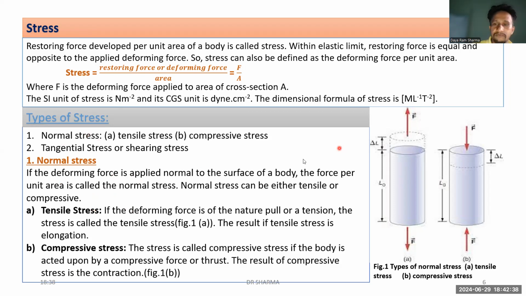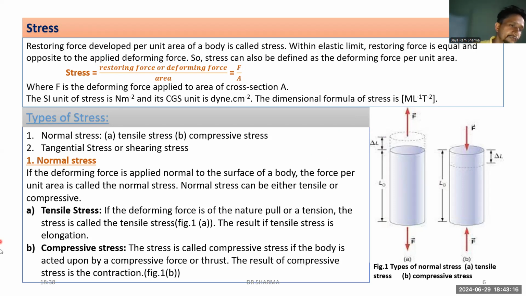There are two types of normal stress, as you can see in the figure attached on the right side. If the applied force increases the length of a body, the corresponding stress is called tensile stress. If the applied force decreases the length of the body, or say dimension of a body, the corresponding stress is called compressive stress.